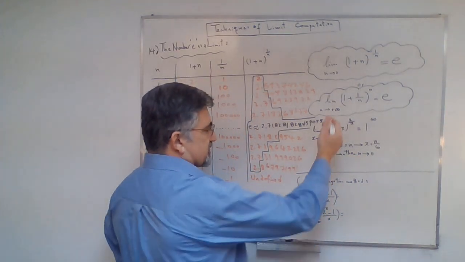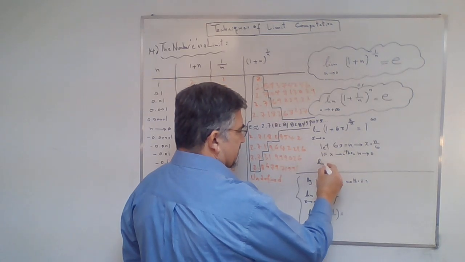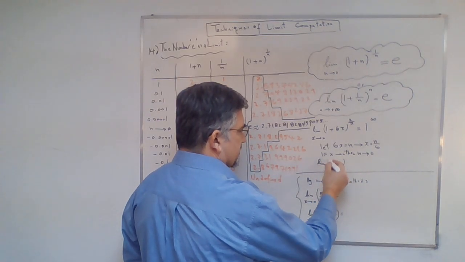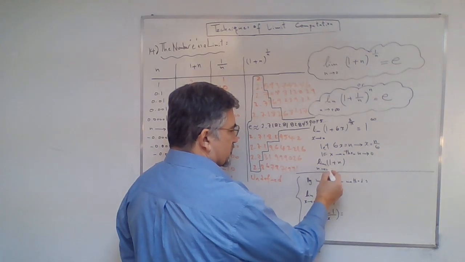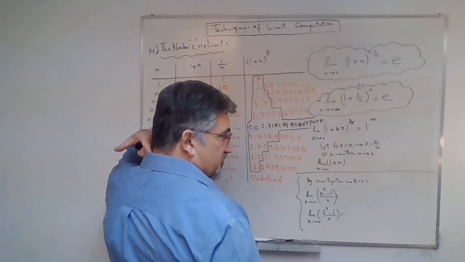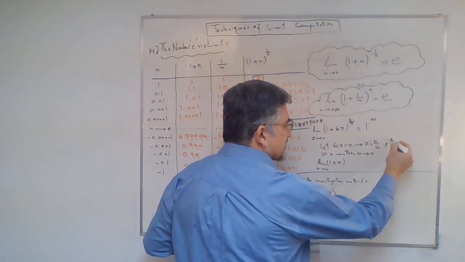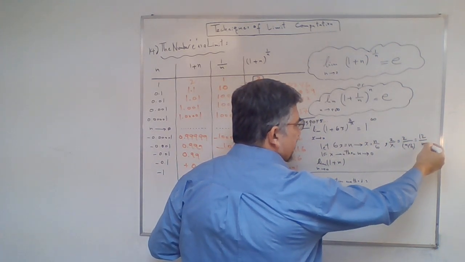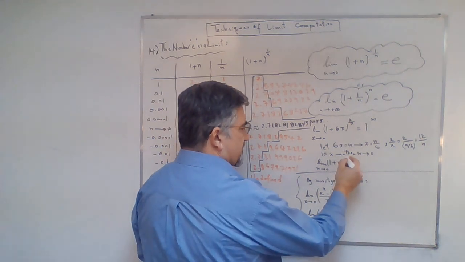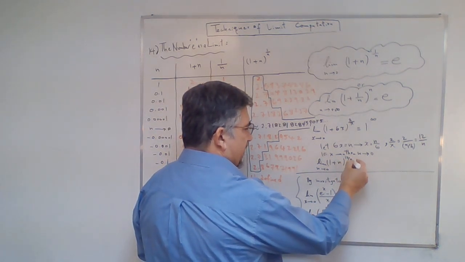So we can say that this limit can be rewritten as the limit of 1 plus n instead of 6x, as n approaches 0. But about the exponent, which is 2 over x, I can say 2 over x is actually 2 over n over 6, which is 12 over n if you simplify it.